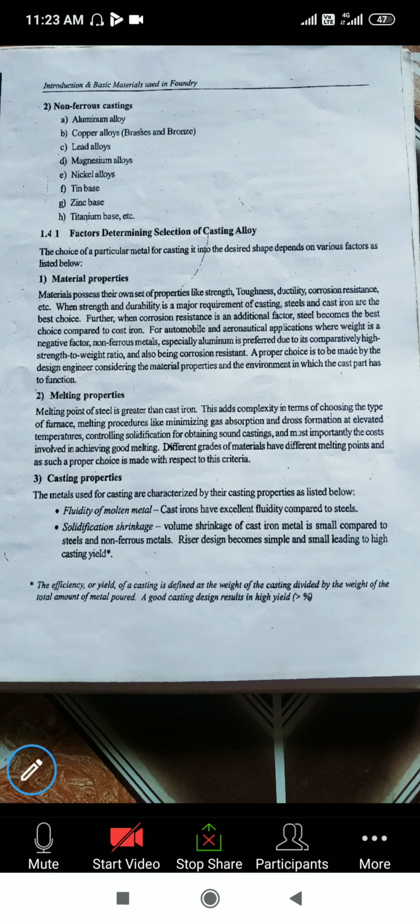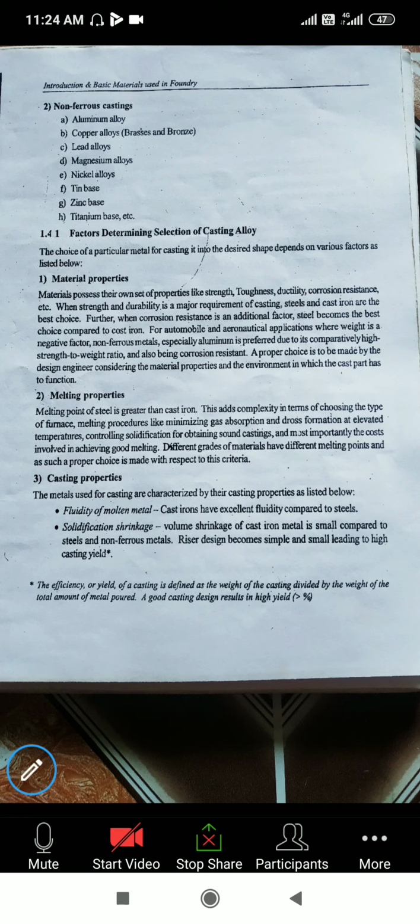The composition of two or three metals to achieve a mechanical property. When strength and durability are the major requirement of the casting, steel and cast irons are the best choice.